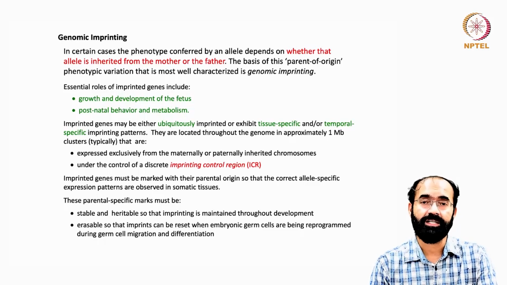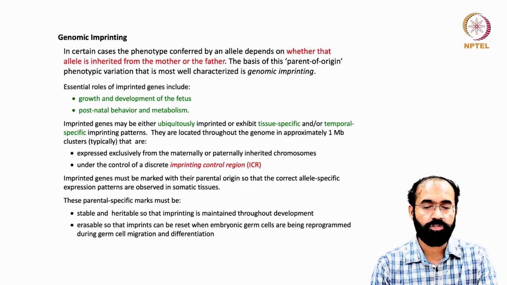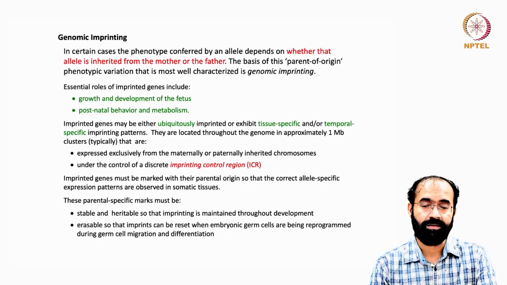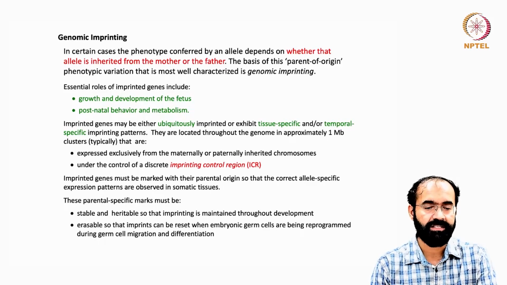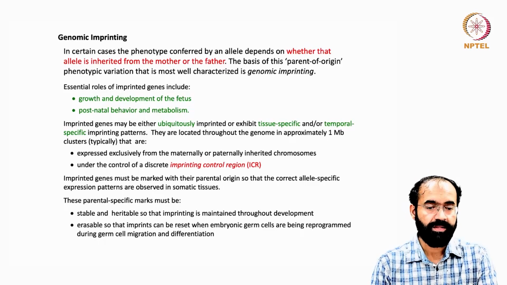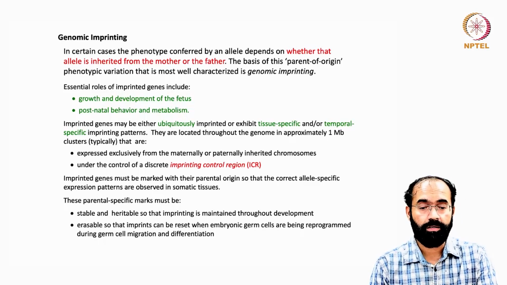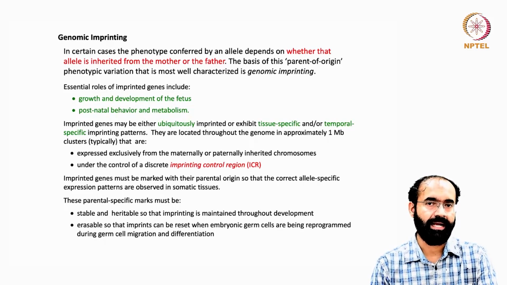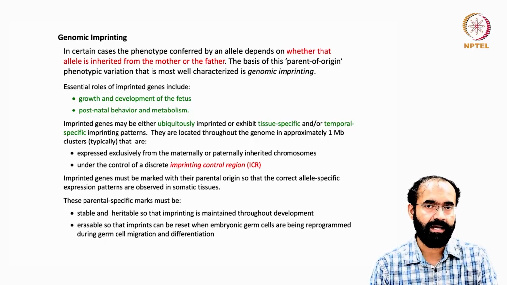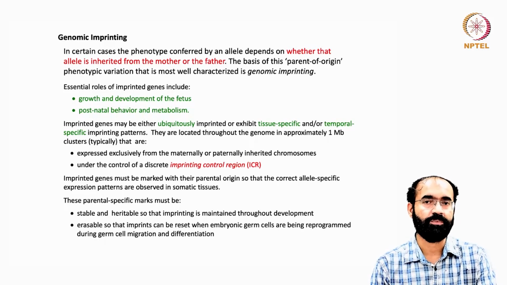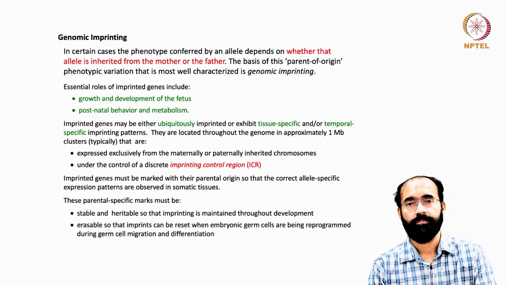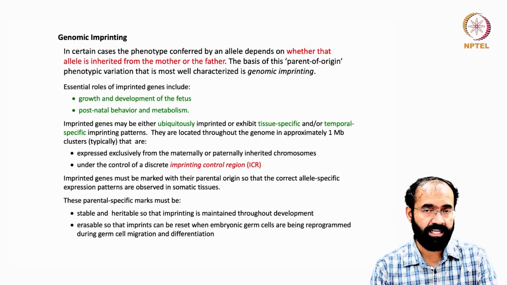They can work in both a spatial and temporal fashion, and they are located throughout the genome in approximately 1 MB clusters, meaning 1 megabase or 1 million bases, typically expressed exclusively from maternally or paternally inherited chromosomes. So imprinted genes are not an isolated island; although secluded from the rest of the chromosome, the area is pretty big. 1000 bases is 1 kilobase, 1000 kilobases is 1 megabase.